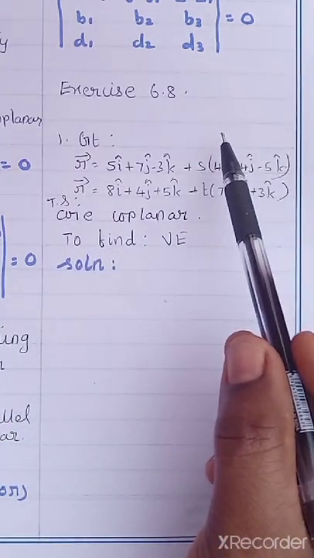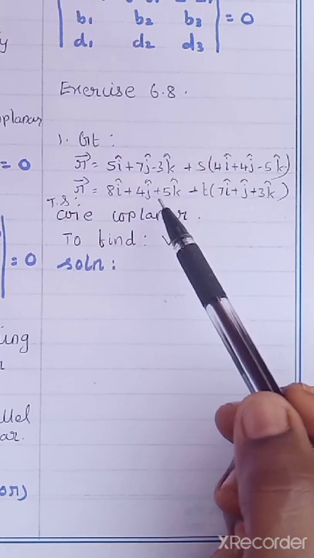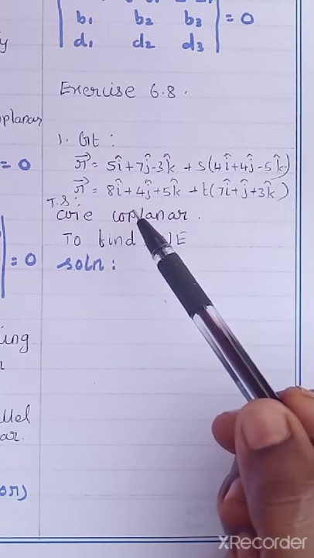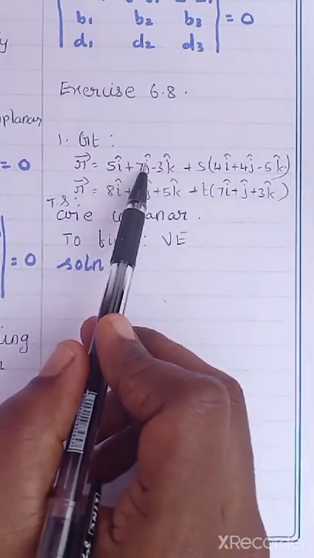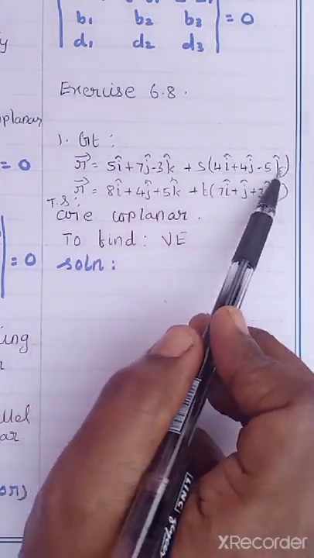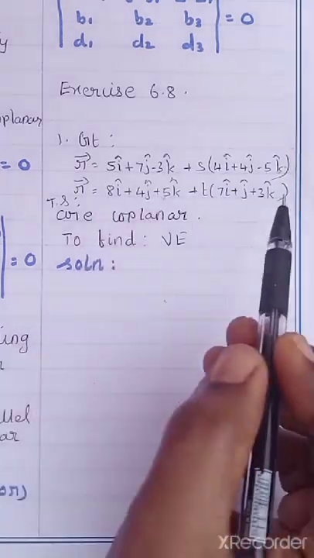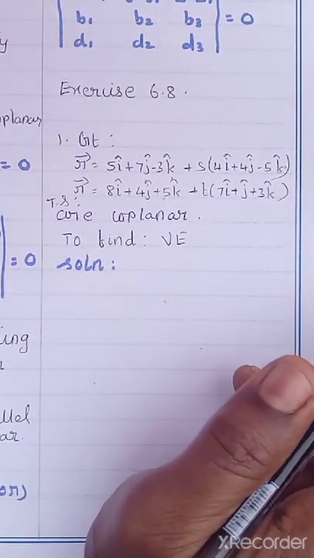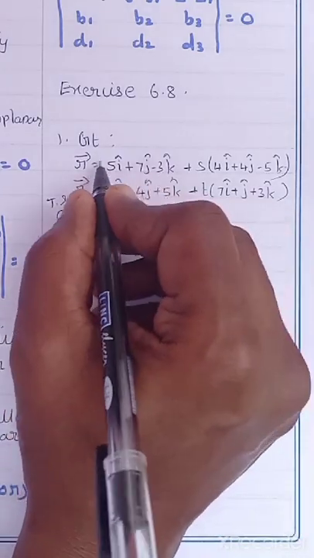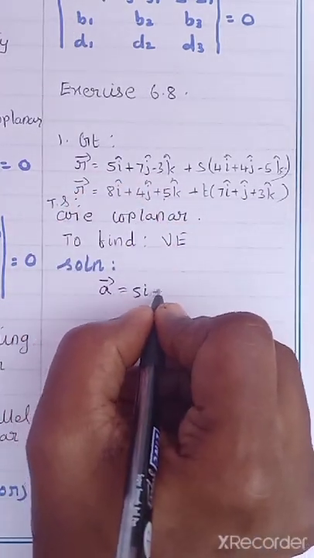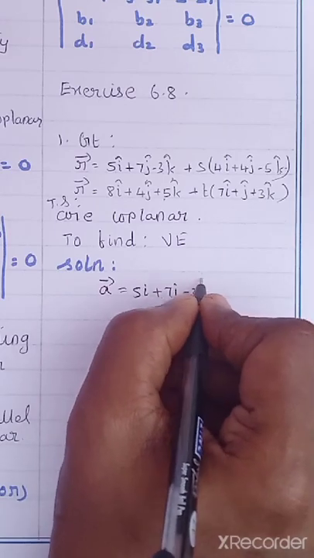First we have to take it in the form R equal to A plus SB, R equal to C plus TD. Now what is this one? This is the point, this is the vector. So we can take A vector equal to 5i plus 7j minus 3k.